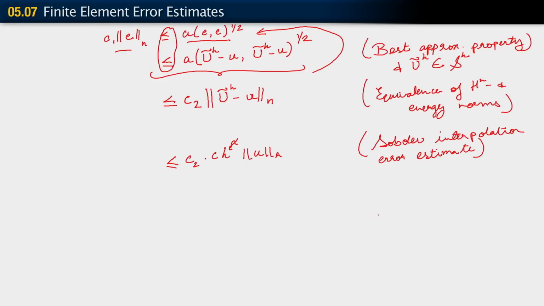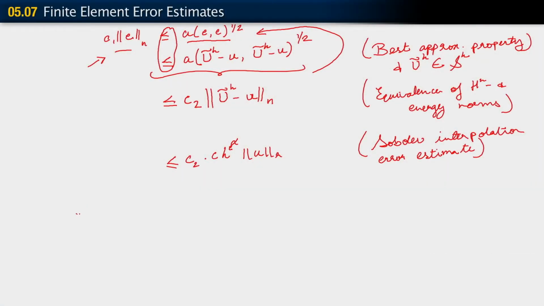All right, but now look at where we've got. We started out with C1 times the n norm of our finite element error, and through this process of repeatedly invoking various results that we've accumulated, we have arrived at the fact that it is bounded from above by the term on the right hand side. So let me now just collect these results to say that the n norm of the finite element error is less than or equal to C2, which is a constant, times C, which is a constant, and divided by C1, which is yet another constant, times h_e to the power alpha.